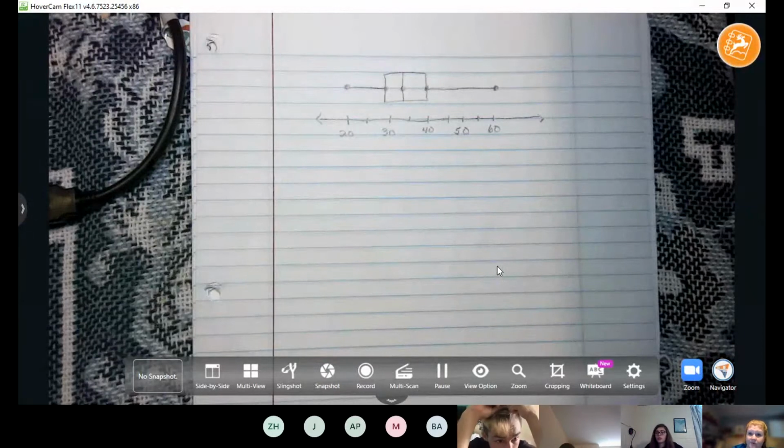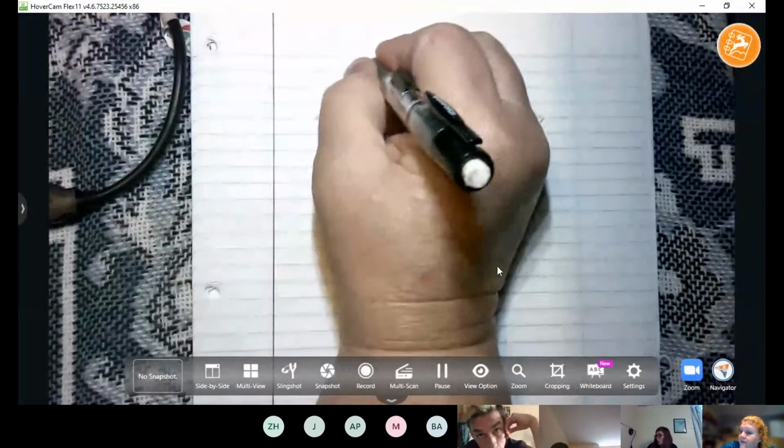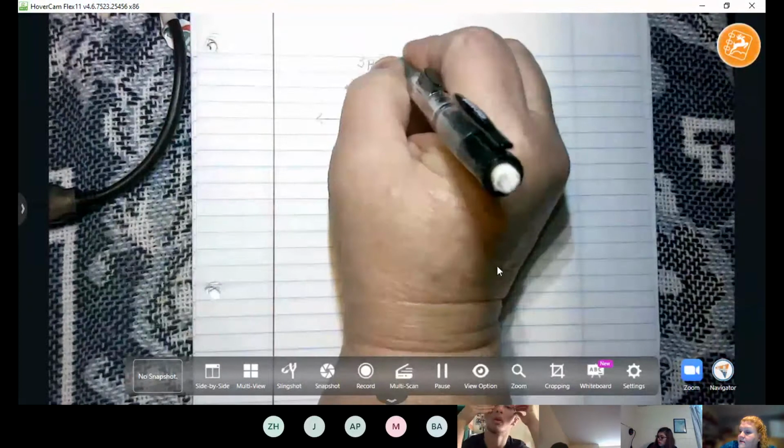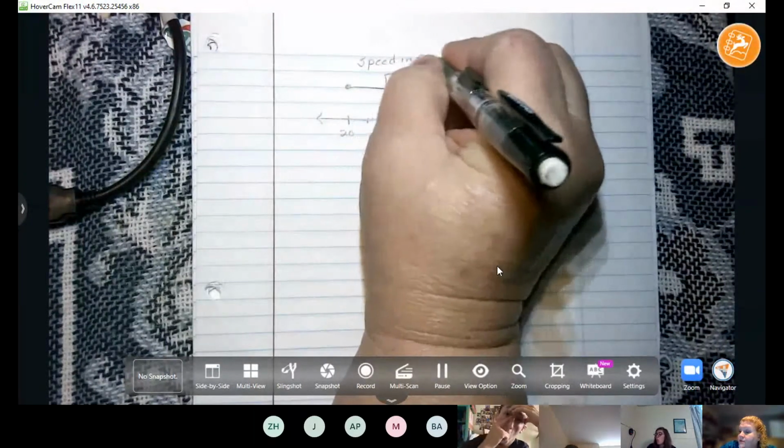And any graph, regardless of what kind it is, should have a title. And so these are speeds in a construction zone.